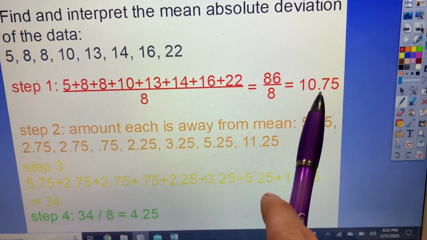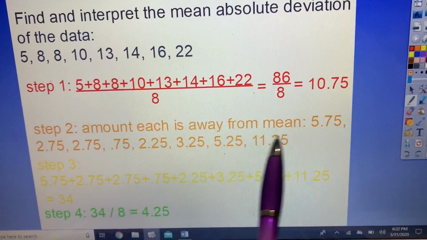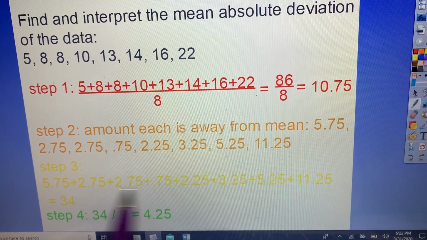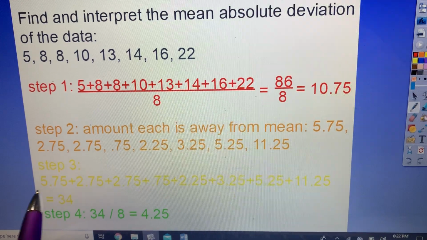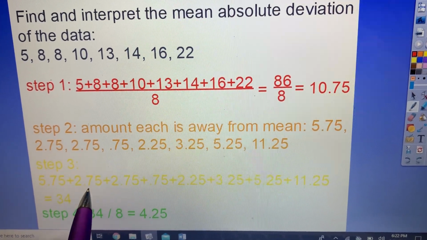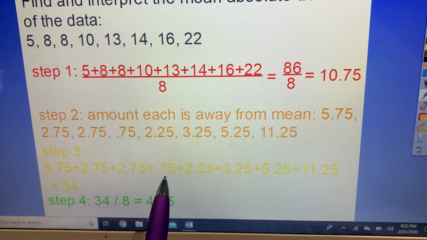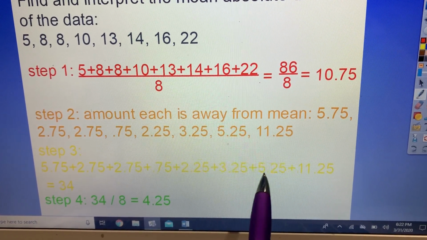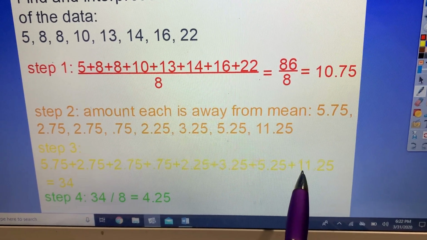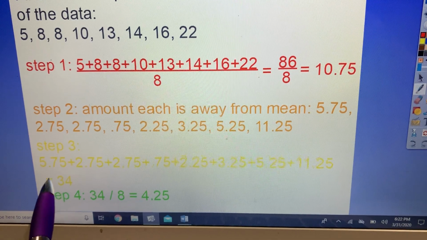So step 1, mean 10.75. Step 2, find all the distances that it is away. Step 3 is to find the sum of those distances. So now I just got to add my distances that I found in step 2. 5.75 plus 2.75 plus 2.75 plus 0.75 plus 2.25 plus 3.25 plus 5.25 plus 11.25 gives me 34. That's my sum, 34.